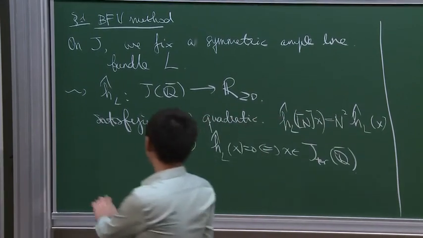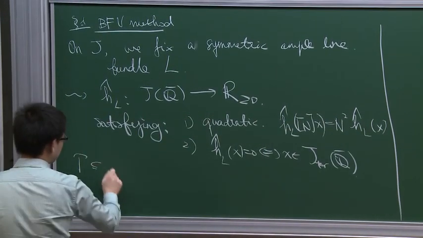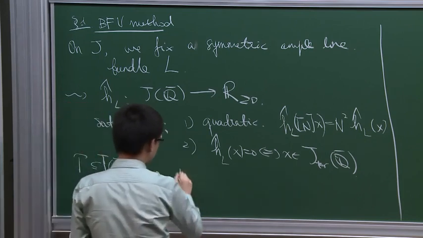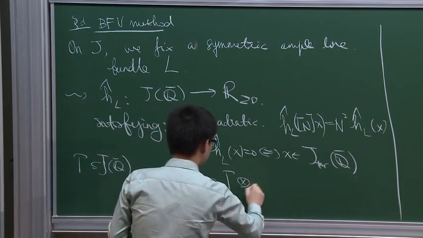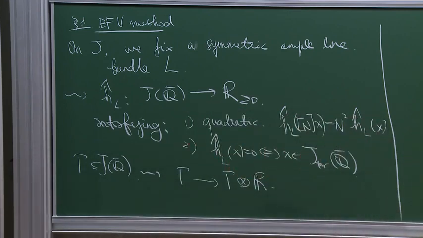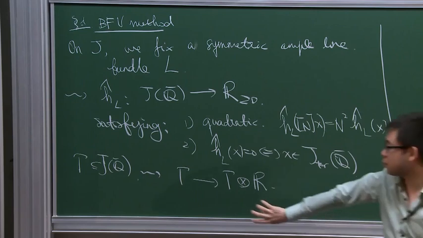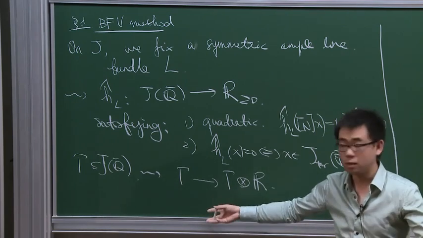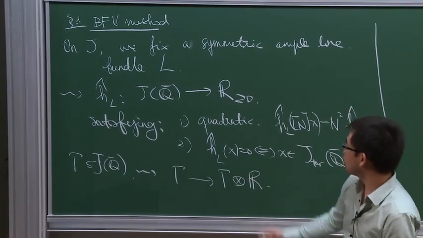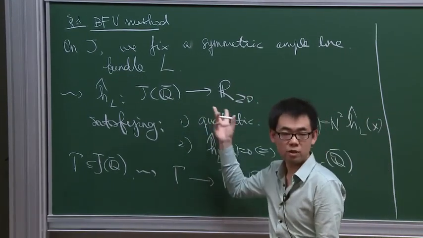Now, if we want to fix our finite rank subgroup gamma in J(Q-bar), we can always do a map from gamma to gamma tensor R. And in this step, this is almost injective, except that we lose all the information for the torsion. But here, we also lose all the information for the torsion.